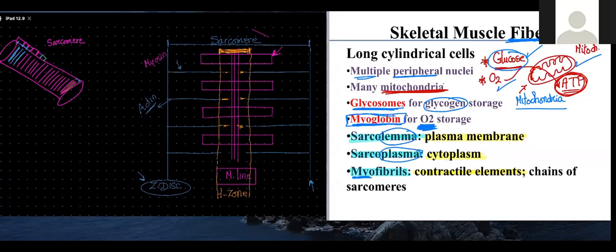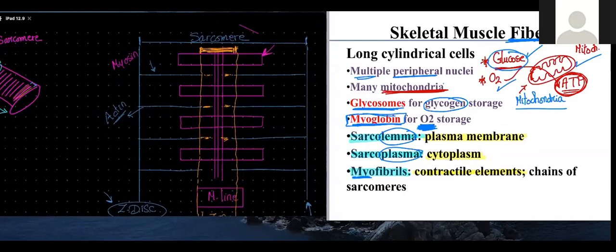And remember, your muscle fiber, which is the muscle cell, is formed of sarcomeres, which are lying adjacent to one another throughout the length of the muscle fiber. So you've got many sarcomeres forming each of the muscle cells, each of the muscle fibers.